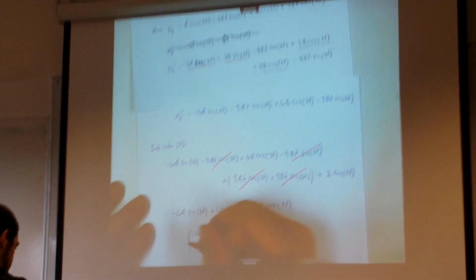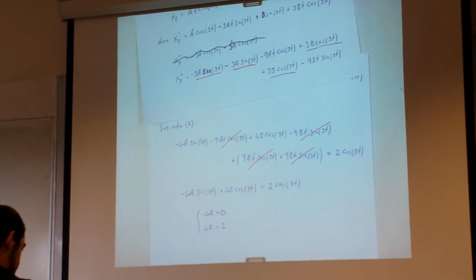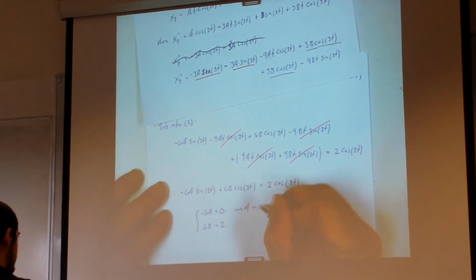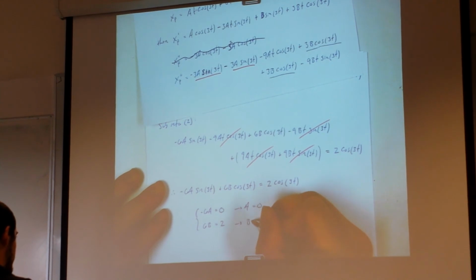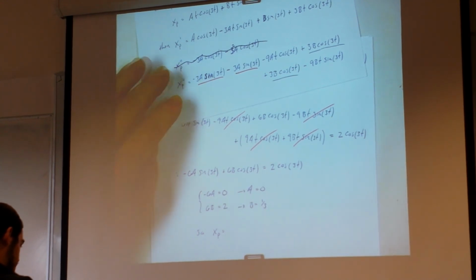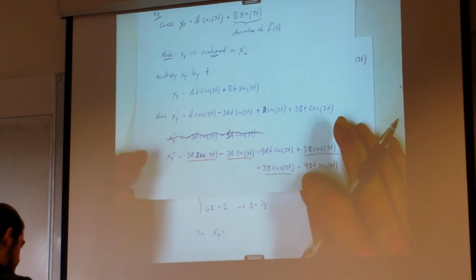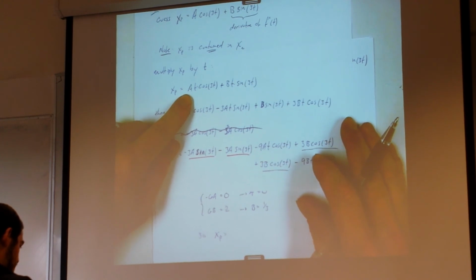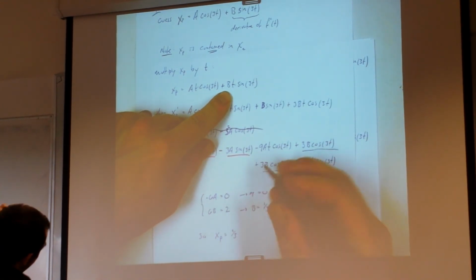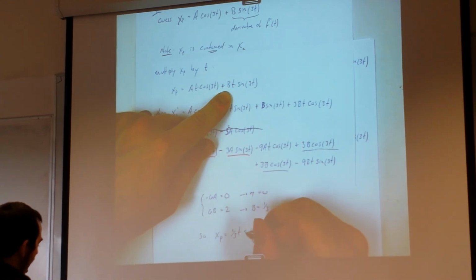So after all that differentiation and ugly business, at least I just got these things where, hey, a is 0, and b is 1/3. So the form of our particular solution, a is 0, b is 1/3: 1/3 t sine 3t.